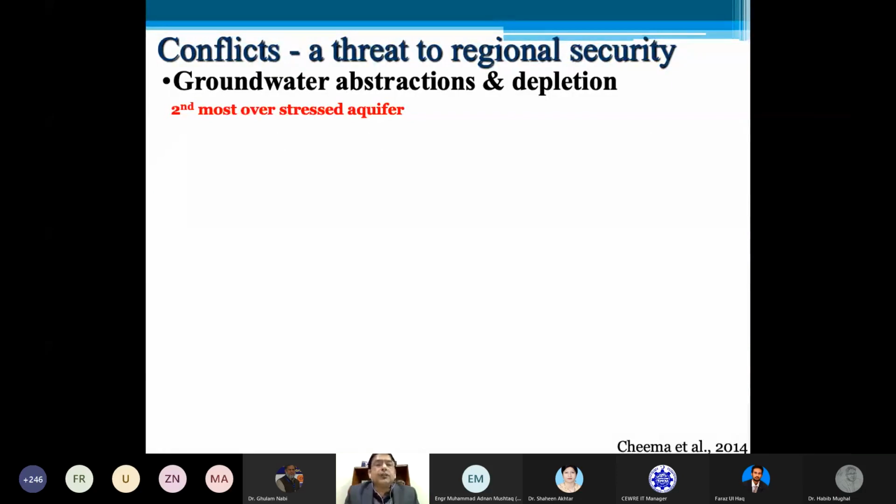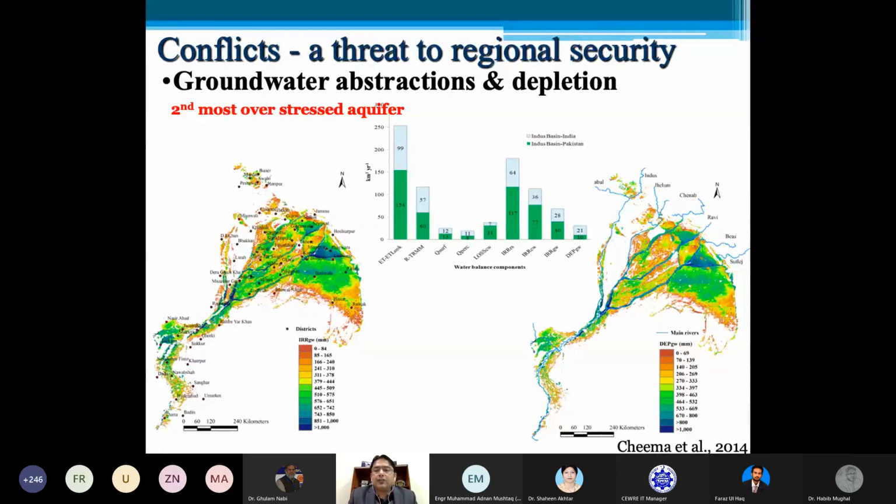Now, this was about surface water supplies, and if we talk about groundwater abstractions and depletions, we really have the second most overstressed aquifer in the world. This particular map shows irrigation through groundwater.